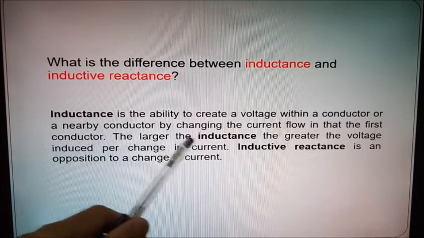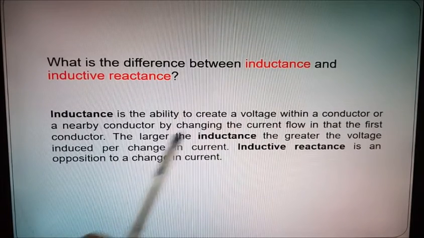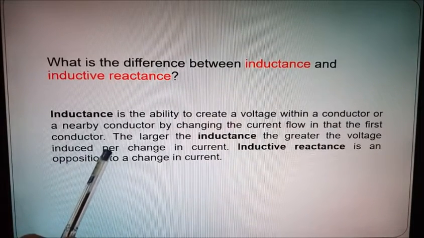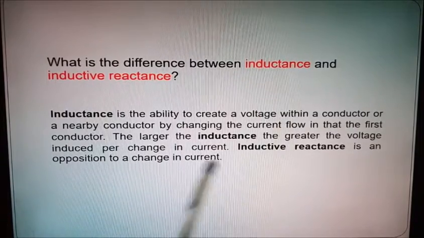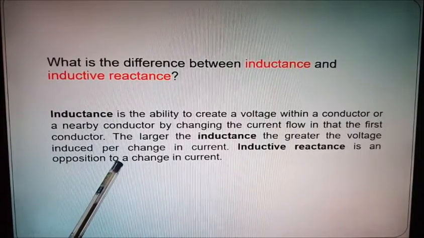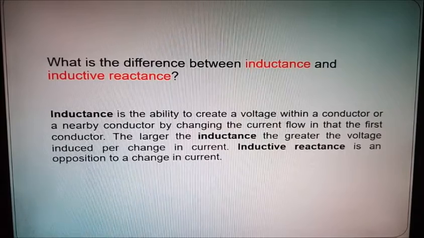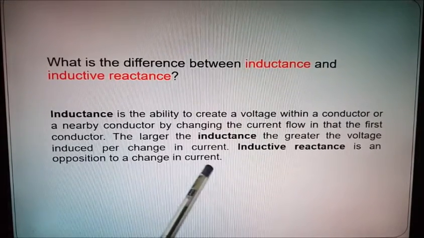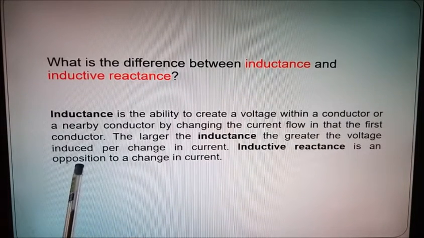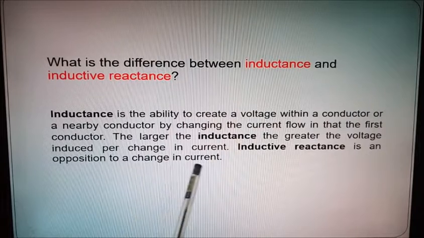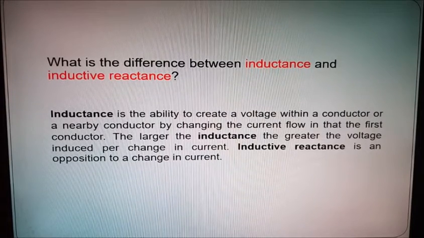The larger the inductance, the greater the voltage induced per change in current. Inductive reactance is the opposition to a change in current, so it only comes out when there is a change in current.